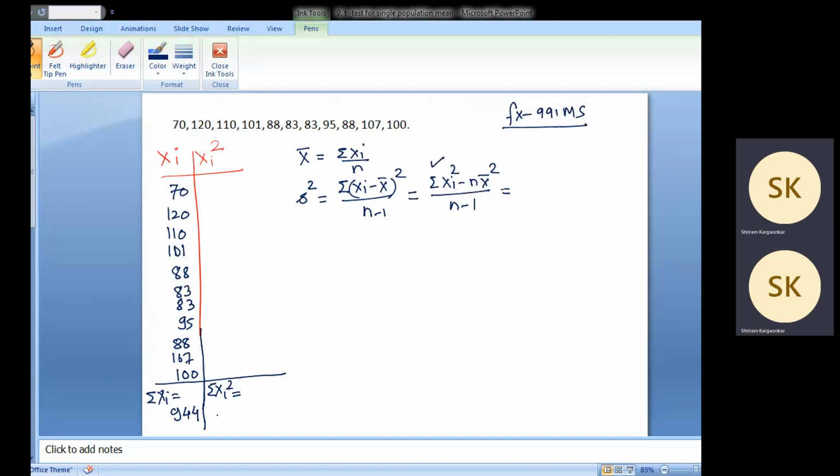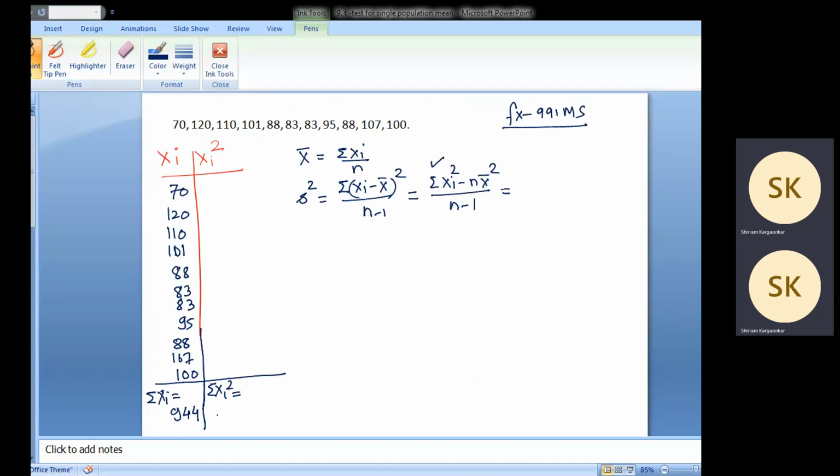Okay, so 70 square, using the scientific calculator you can do this directly: 120 square plus 110 square plus 101 square plus 88 square plus 83 square plus again 83 square plus 95 square plus 88 square plus 107 square plus 100 square.